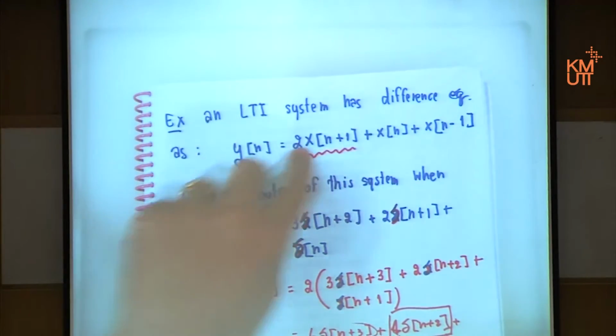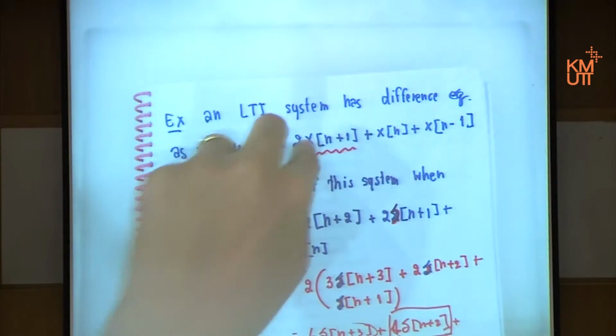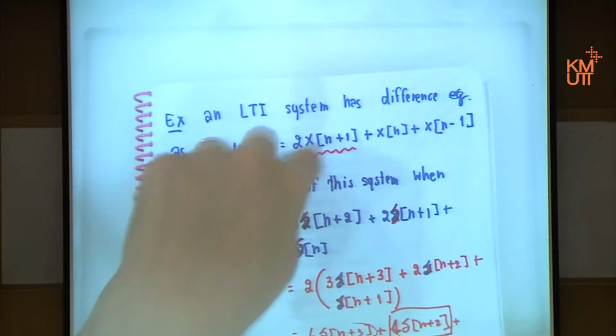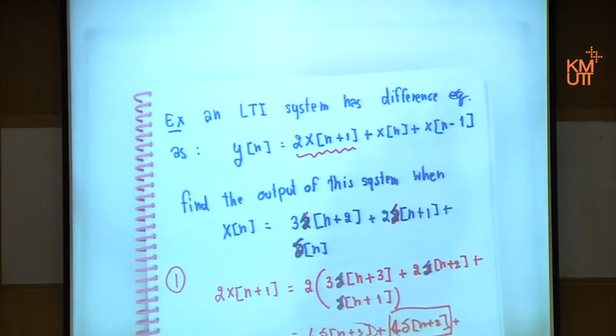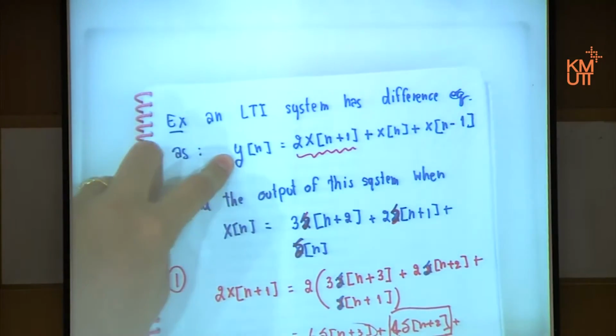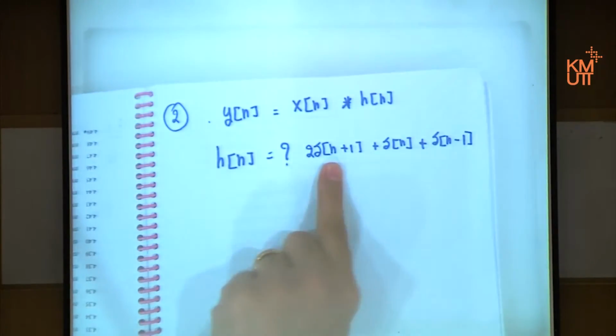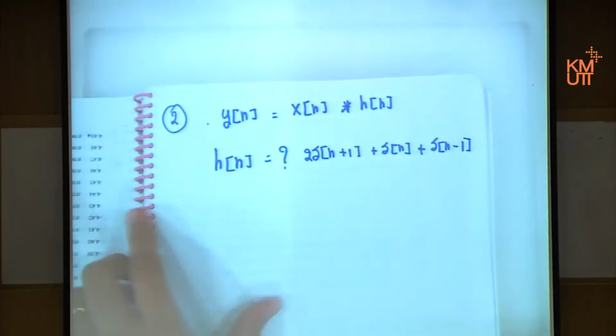So x is the input. If we apply delta, we just substitute x with delta, and the output we call h. So h[n] for this one will be equal to this.